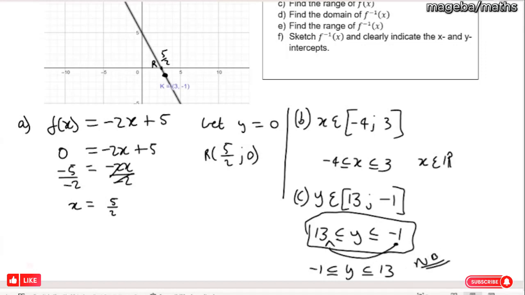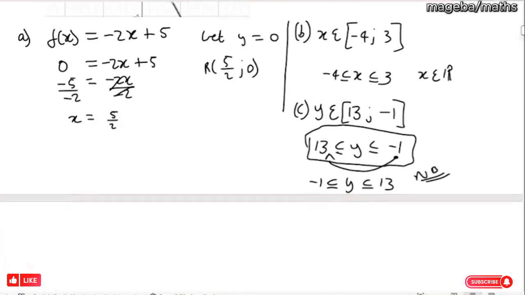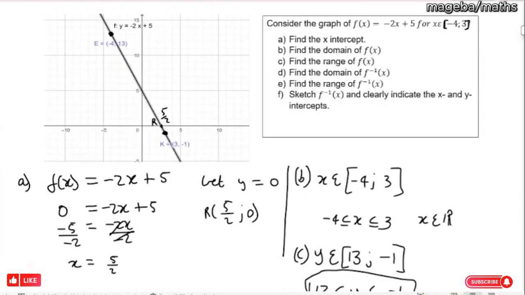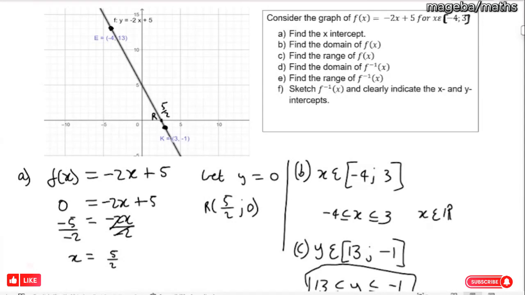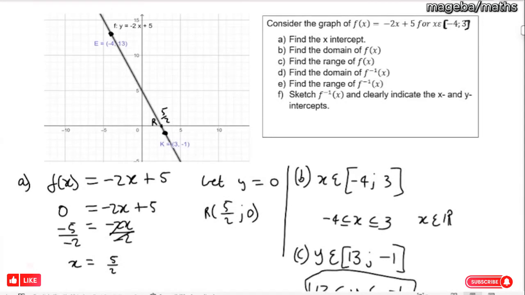Now there's something I want to show you here, because the following question is to find the domain of the inverse and the range of the inverse. Remember, it's very important. I'm going to draw a table here.